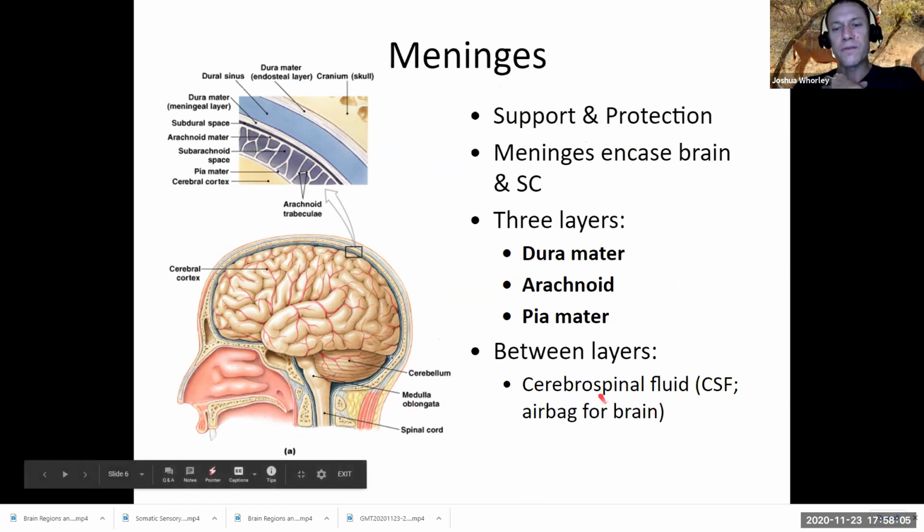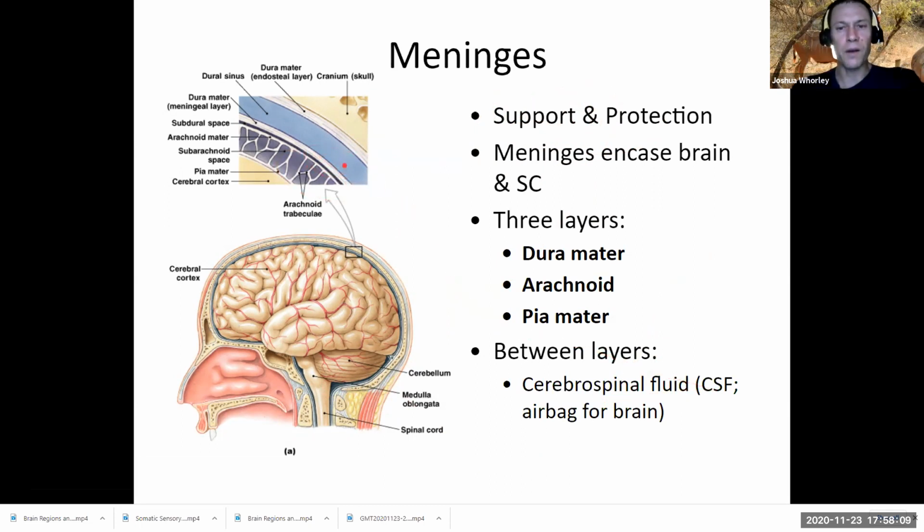Okay, and then protective in the sense that this is fluid. So what it basically produces is kind of an airbag for the brain to protect it against sharp impacts, right? If you think about taking an egg, imagine an egg is your brain, and let's say you have a little tub, an empty tub, right?